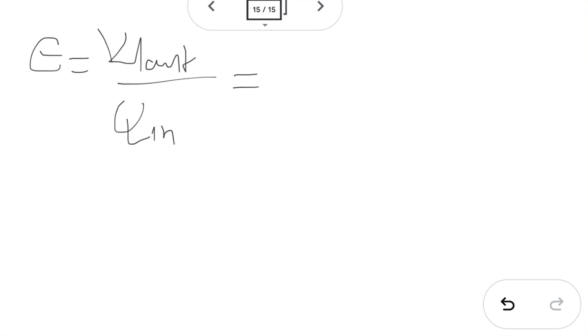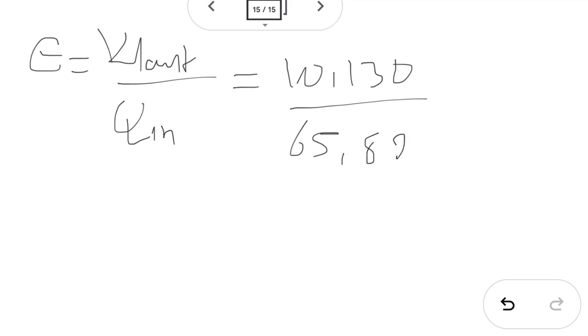So the work output that we have is 10,130 over the total heat input that we found, which was 65,822. You multiply this by 100%, and that should give you the efficiency of this engine.